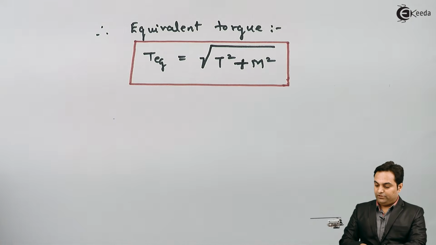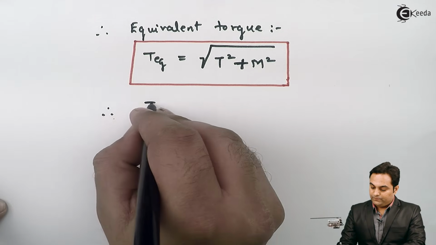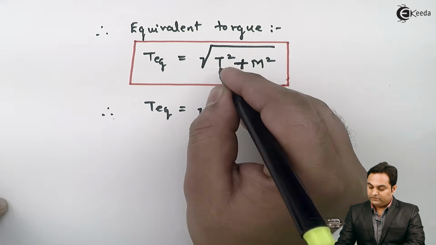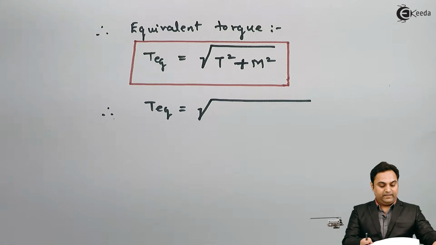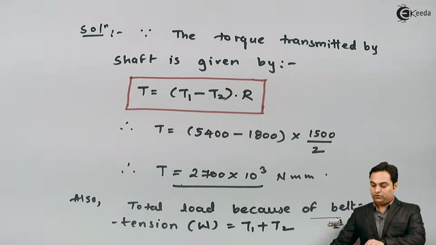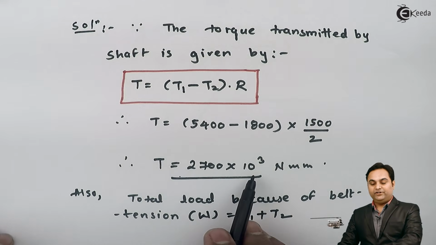In this I'll put the values which I have got. So therefore T equivalent will be equal to square root of T square. The answer of T which I have, T was 2700 into 10 raised to 3.